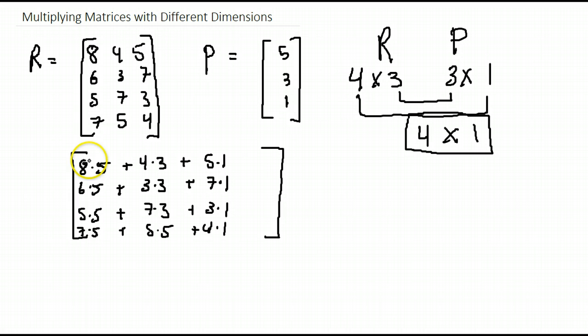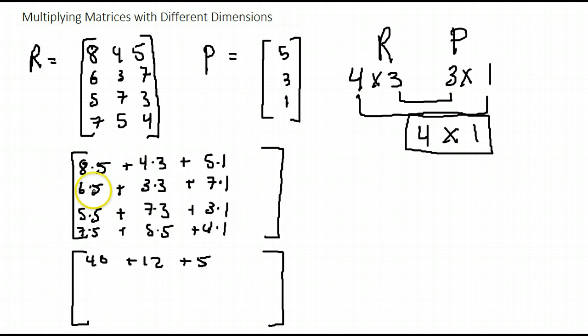So if you notice, in each column of our answer matrix, the first column's all multiplied by 5, the second's all by 3, and the last is all by 1. So now let's multiply and add these together, basically just simplify. The first row is 8 times 5, which gives us 40, plus 12 plus 5.